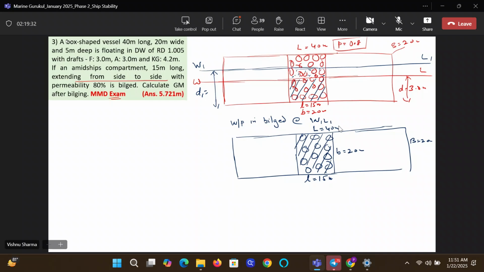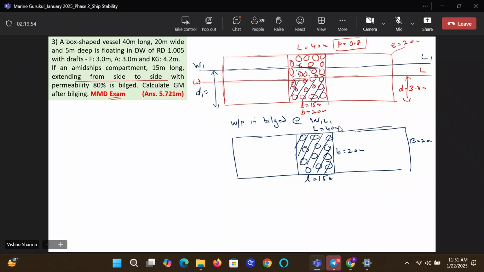Guys, in questions 1 and 2, we did where the cargo was empty, the compartment was empty. If I have to express in terms of permeability, what was the permeability in those two questions? 1 or 100%, same, no problem. Good.